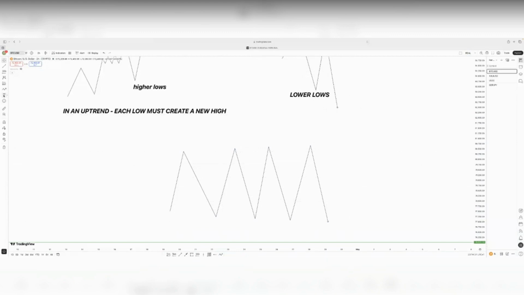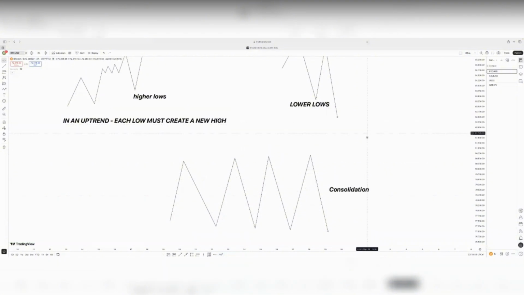It's best to avoid the market when you see this. This is called a consolidation market. It's just ranging between previous lows and previous highs.